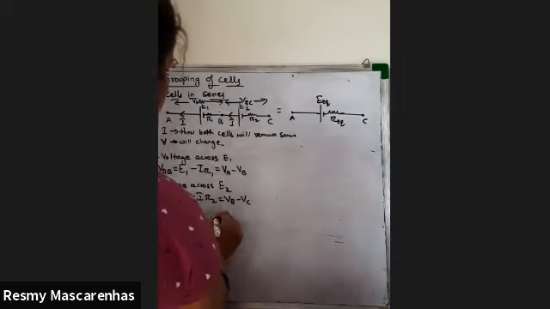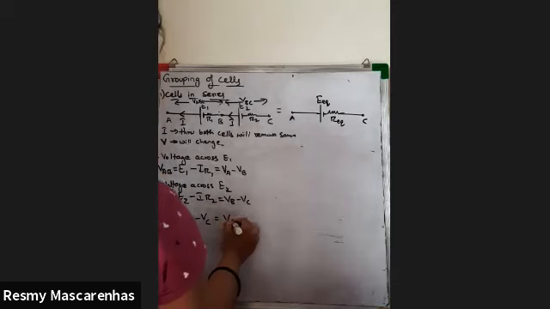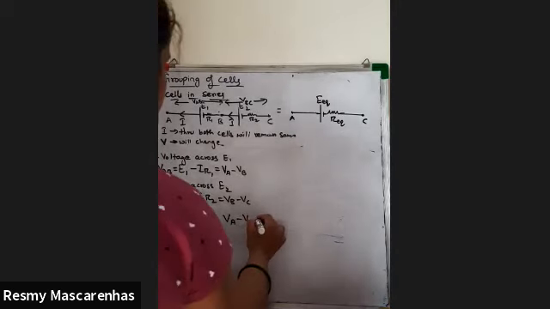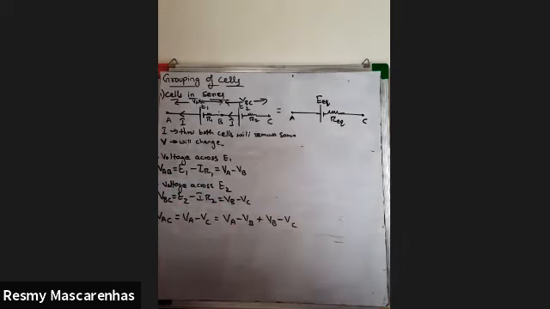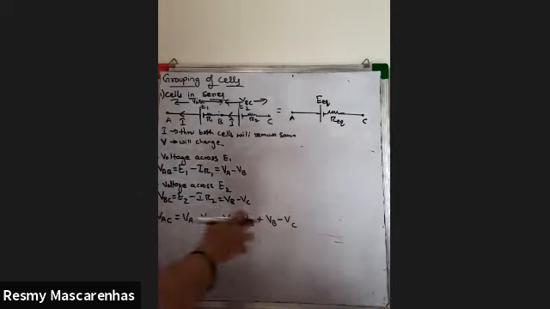Now VA minus VC I can write as VA minus VB plus VB minus VC. This is some calculation you have to do. Is this equation not equal to this one? Minus VB plus VB cancel out, both cancel out, so what remains? VA minus VC. That is what we want.